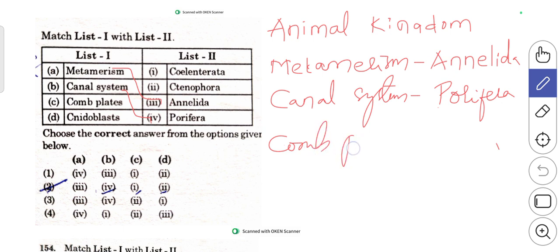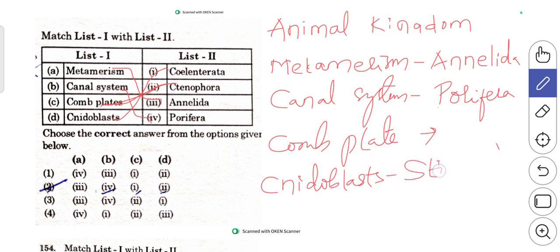These comb plates we observed in ctenophores. The example you studied is Pleurobrachia. Then nidoblasts, that is the stinging cells. These are called stinging cells, and they belong to Cnidaria.